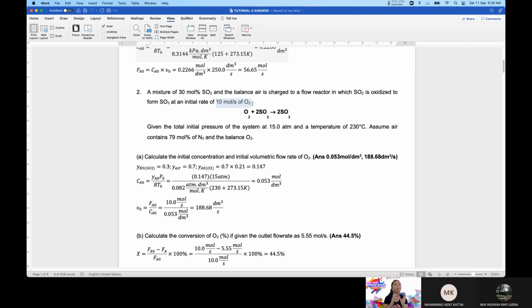So one way is to look at the chemical equation: the first reactant in the chemical equation is your A. So your O2 is A, SO2 is B, SO3 is C. Okay, so that's how, because it is very important. Later when we do the derivation, you must know exactly which chemical compound represents A in our derivation. So O2 is your A. So I can say FA0 is 10 mol per second. So done. Okay, so that's the information we need to know.